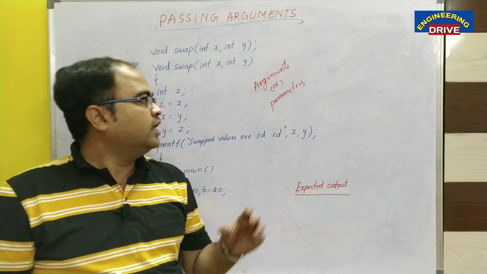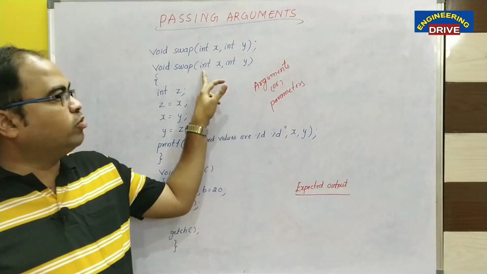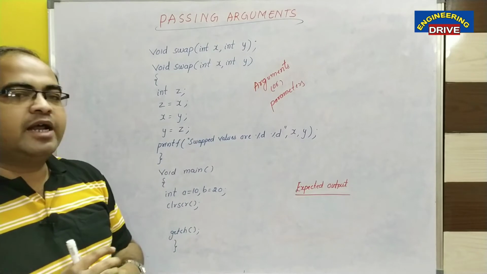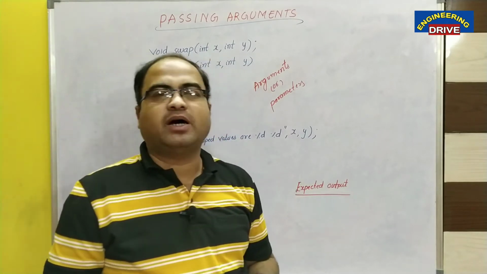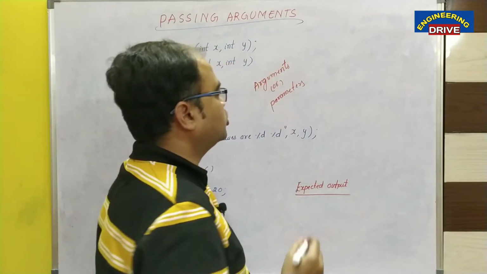Okay. Now, how we can pass these parameters or arguments to our user defined function, I am going to discuss now. So dear students, there are two ways in which we can pass the parameters or arguments to a user defined function. What are those two ways?